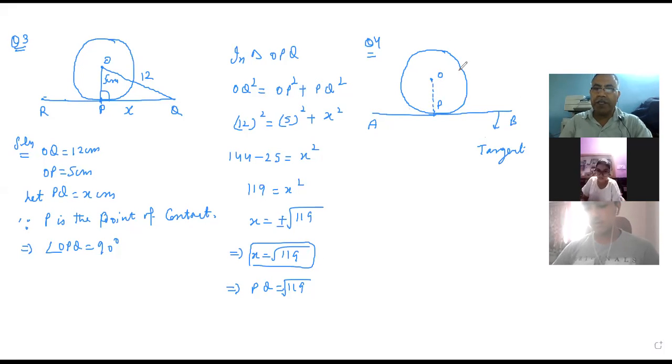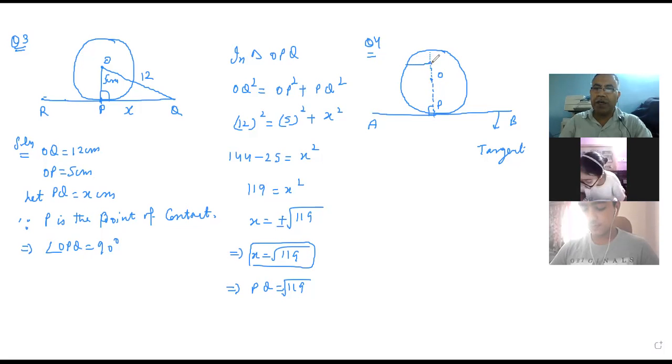I want to draw a secant which should be parallel. This angle is 90 because the angle at the point of contact will always be 90. So you just draw an angle of 90 degrees at this point by using any point on this line as a center.